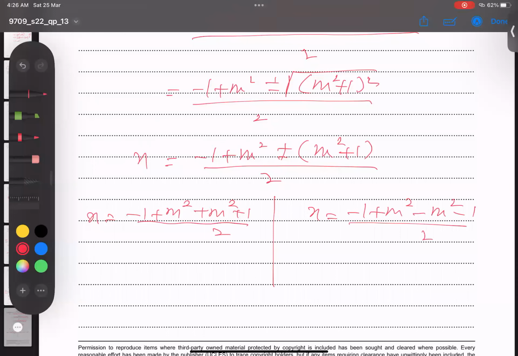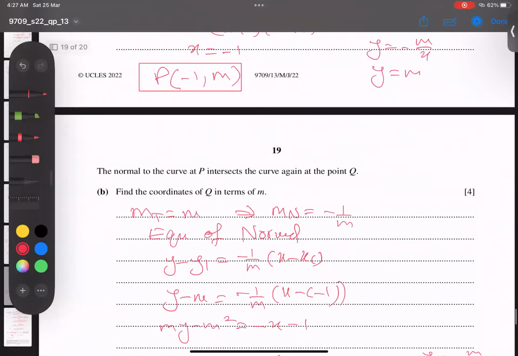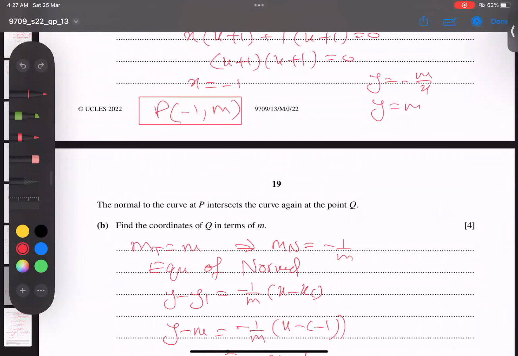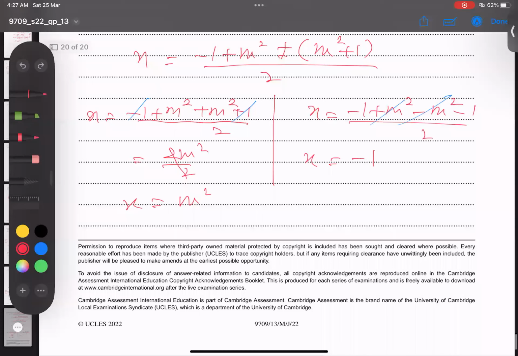I got 2m to power 2 by 2, so the x value is m square. For the other, the m square cancels, I get minus 2 over 2, so minus 1. But you know it very well, students, this point I already have, minus 1. So minus 1 is repeating, so I will not take it.